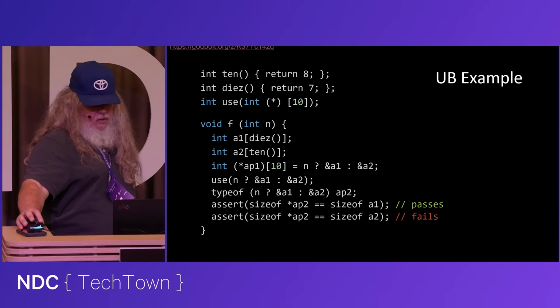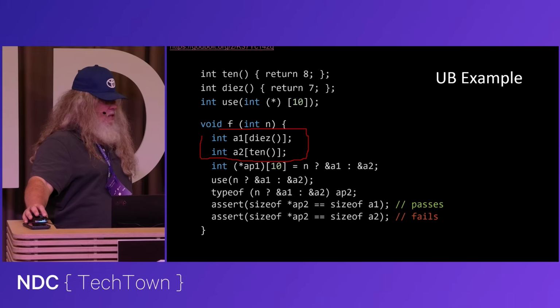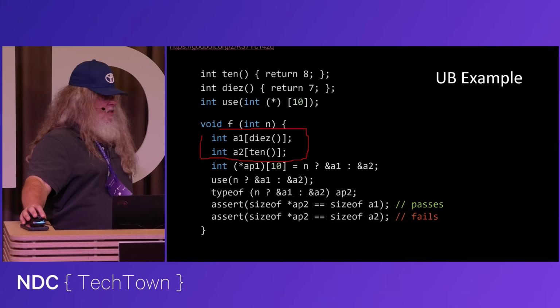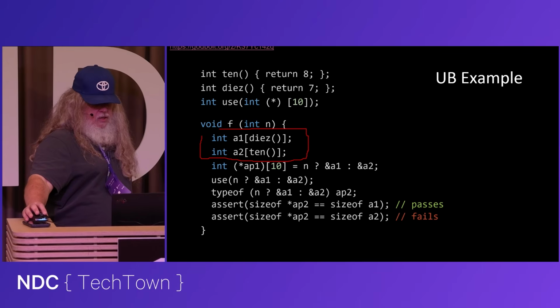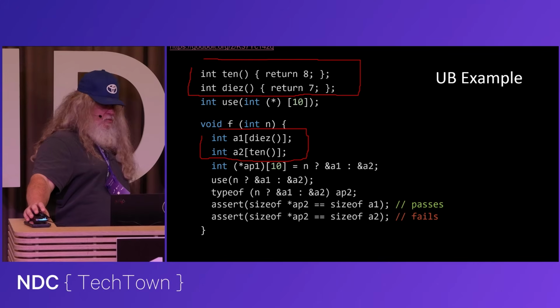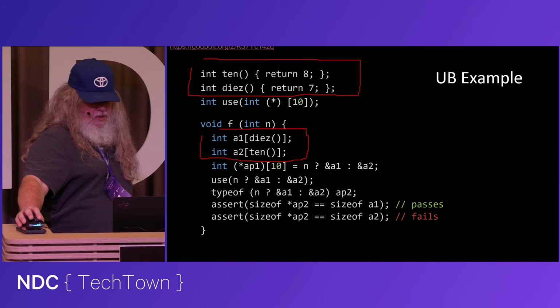So here we've got both arrays now, A1 and A2, are variable length arrays. And here I've expanded so you can see what size they actually are. But again, you could think of this as being in a different translation unit. So this information might not be available at compile time of this function f.